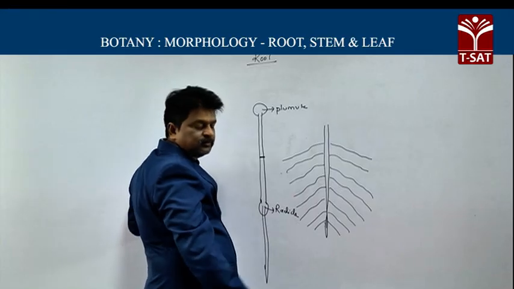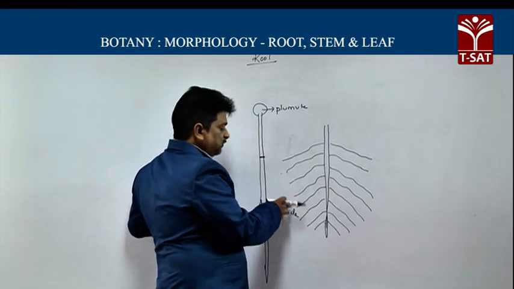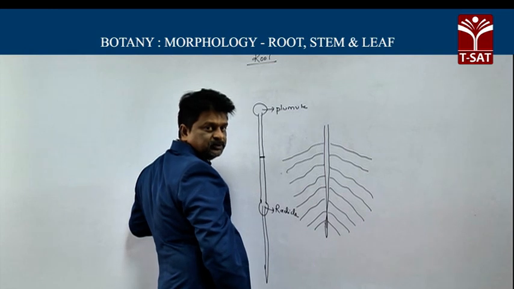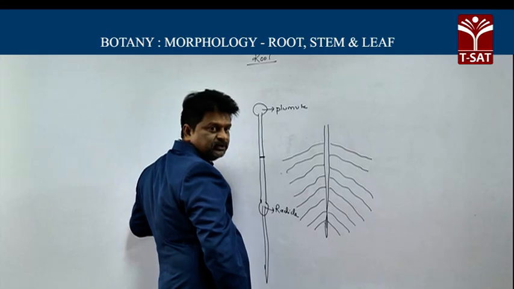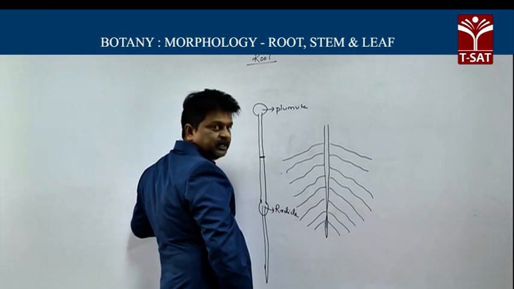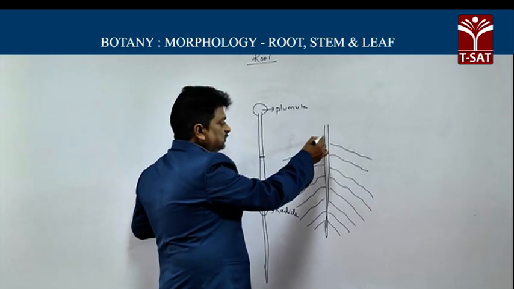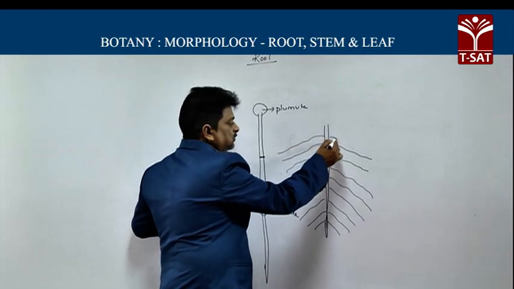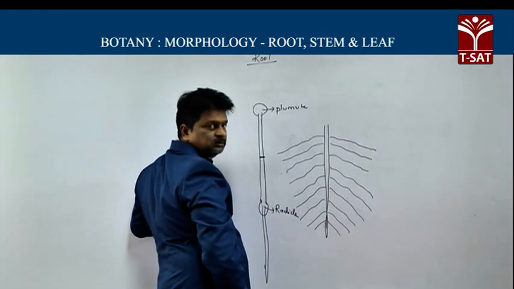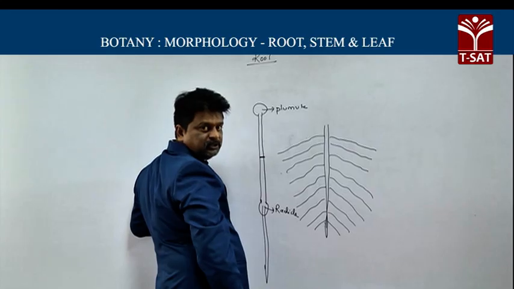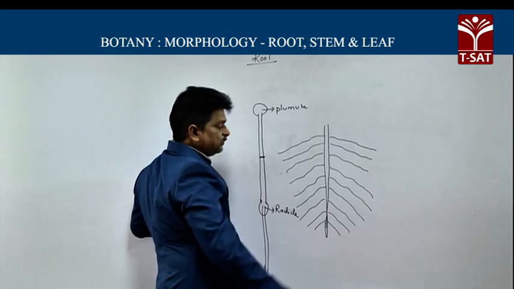So once again, types of root system, three types: taproot, fibrous root system and adventitious. First, the taproot system. In the taproot system, the radical develops into the main root. That main root is called the taproot.